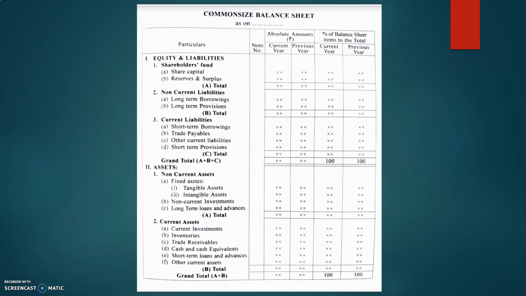You don't have to interrelate with the previous year or current year. If you want to find out the percentage of the balance sheet items for the previous year, you take the previous year value of share capital divided by the total value of the same year into 100.